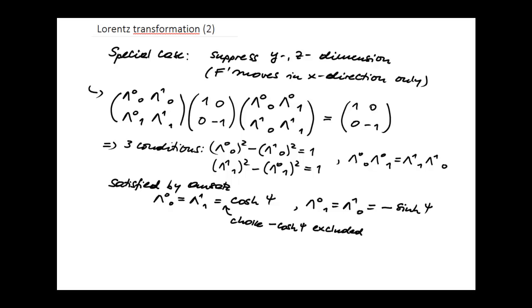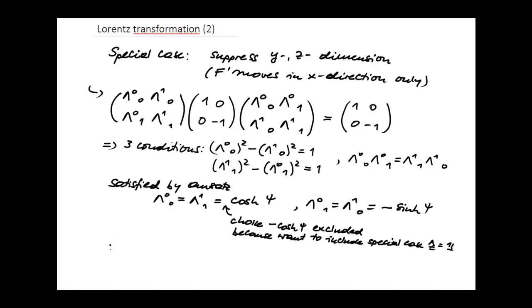If we had chosen minus hyperbolic cosine, then we would have lost this special case. So let me just write it: we exclude the minus sign because we want to include the special case lambda equal to the unit matrix.